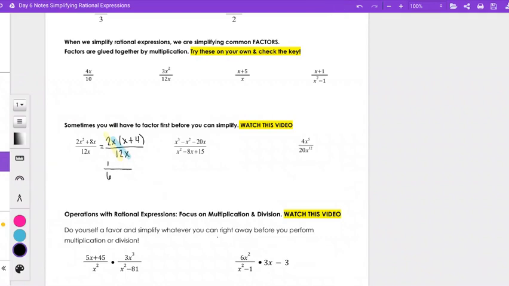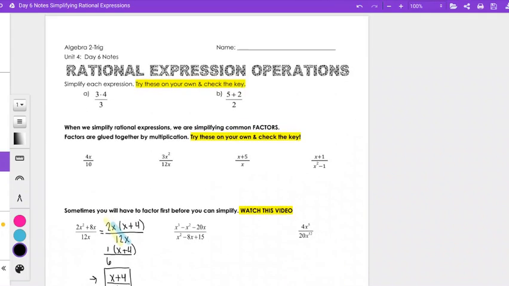We'll put a 6 on the denominator. x and x cancel each other out, and we're just left with x plus 4 in the numerator. If we wanted to write that a little bit nicer, we would be left with x plus 4 all over 6 as our most simplified fraction. The reason we would be left with that is because the 1 being multiplied by x plus 4 is just the quantity x plus 4.